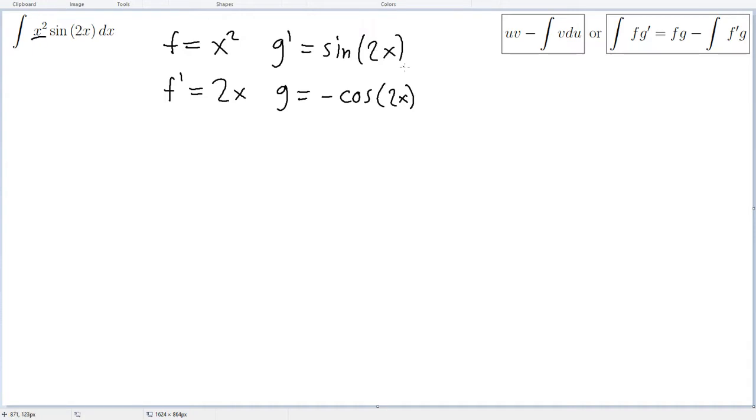And because there's a 2, you divide by the constant, so it'll be divided by 2. Okay. So now that we got that, we could go ahead and easily set this up.